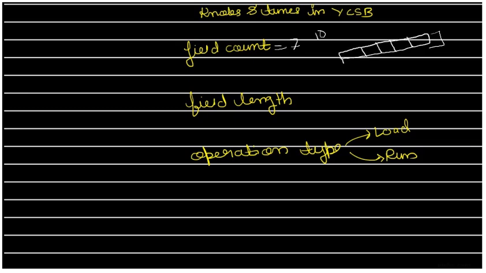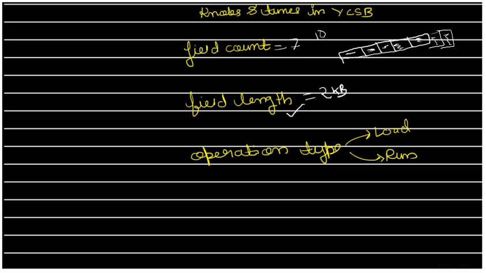So there will be seven fields in a record. Field length means how much size each field will have. Suppose I give it as 2 KB. This will be the size of each and every field in the record.